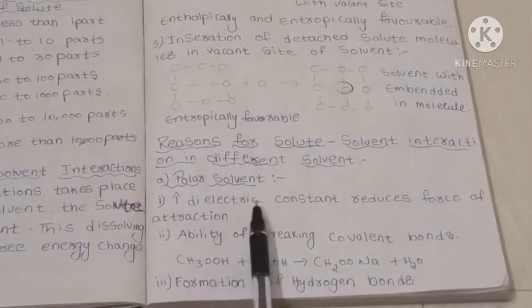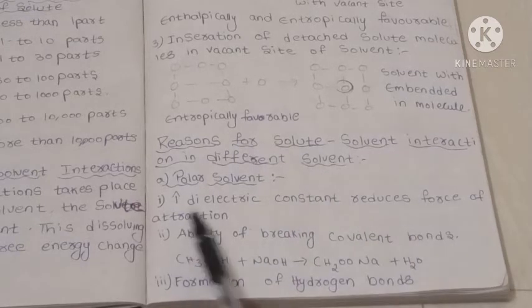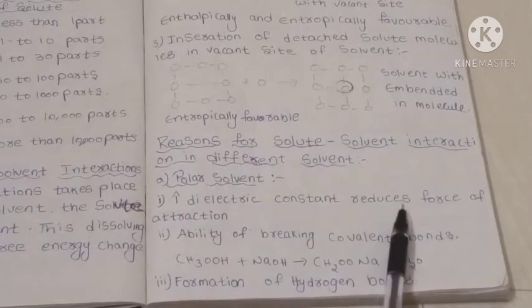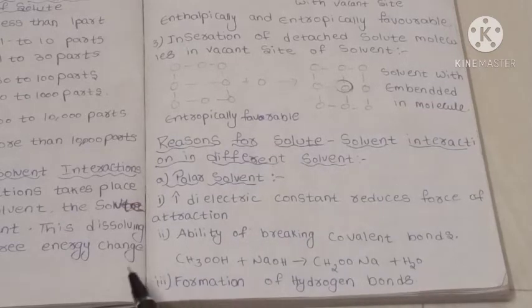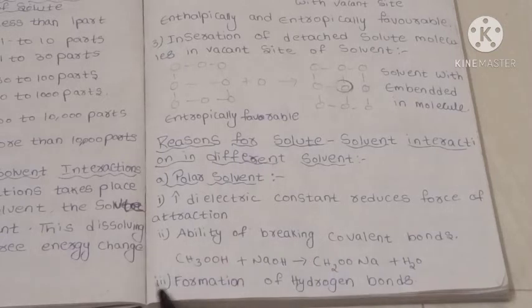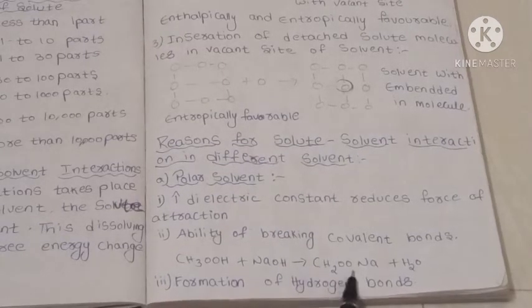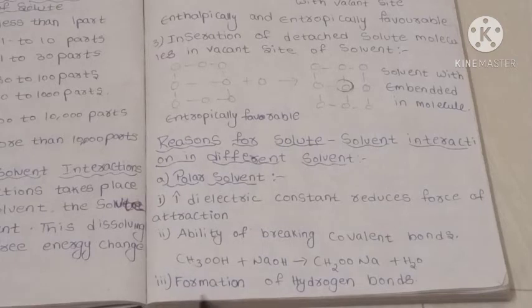Due to the increase in dielectric constant, the force of attraction is reduced. Polar solvents also have the ability to break covalent bonds. Here we can see a chemical reaction where CH3COOH plus NaOH gives CH3COONa plus H2O. Here the covalent bond is broken, and there is also formation of hydrogen bonds.